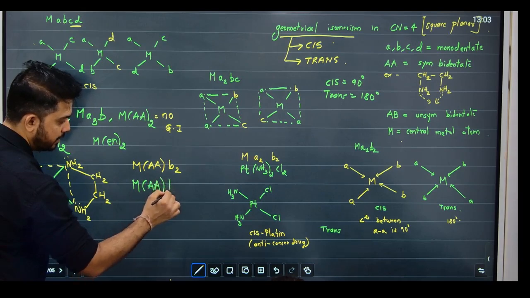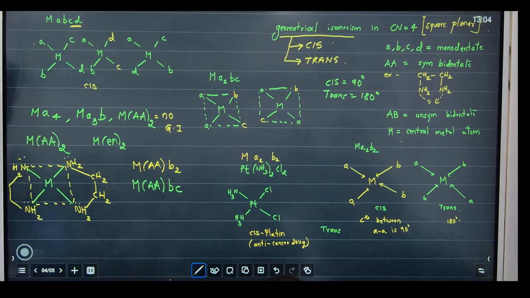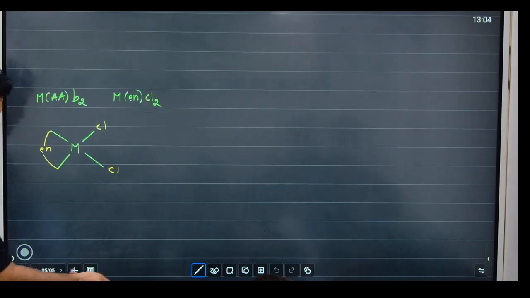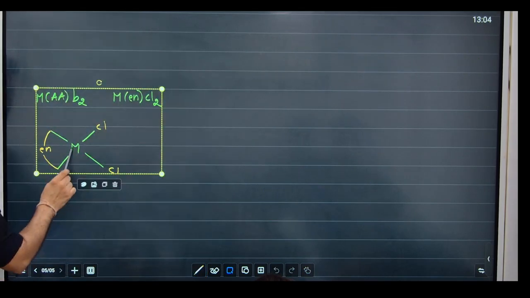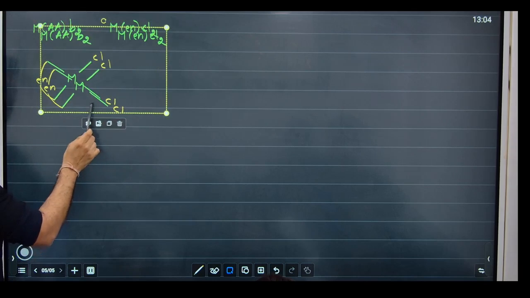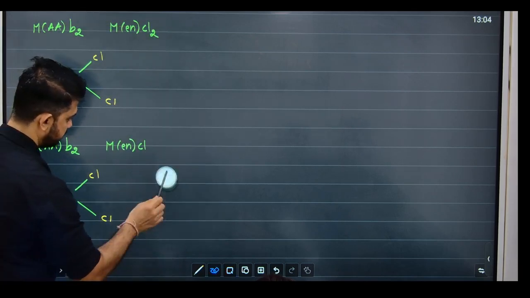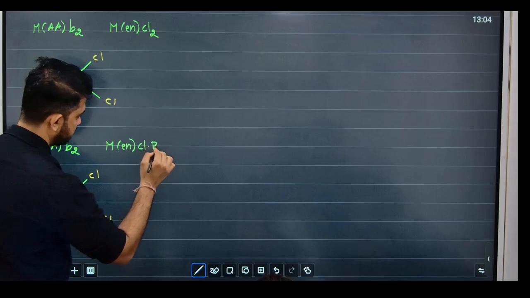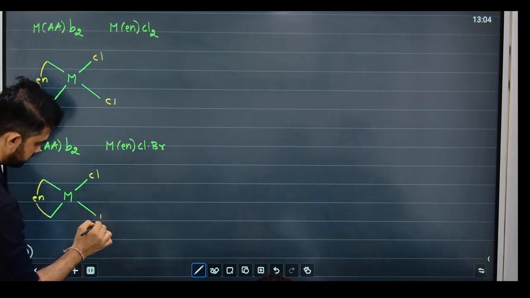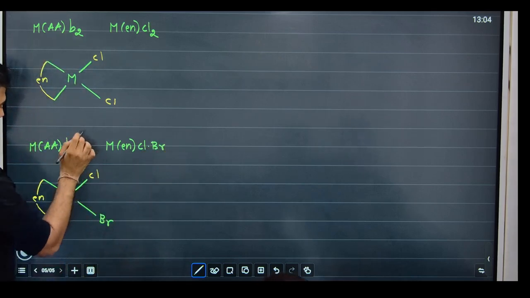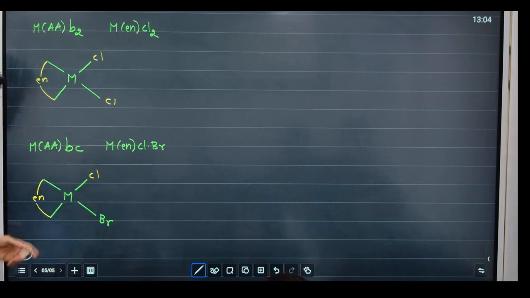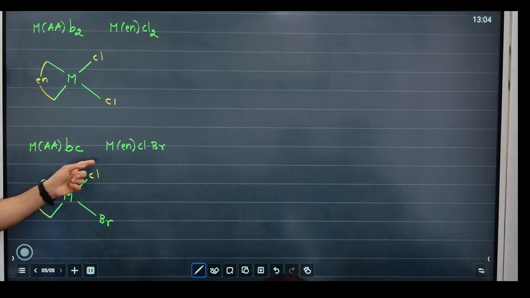What about M A B C? Will it show? M A B C. Cl here, Br here, Br ऊपर Cl नीचे. ऐसा possible है क्या?